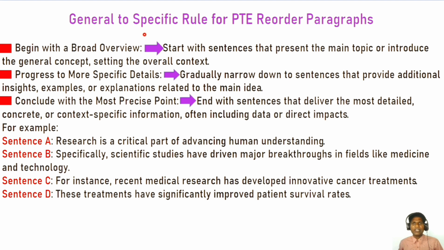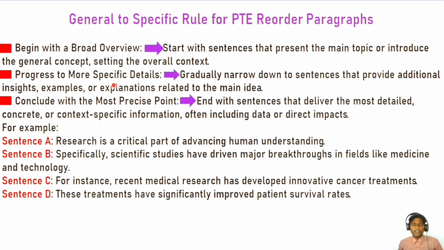You can see here on the screen the general to specific rule for PTE reorder paragraphs. So, you need to focus on the general to specific rule while you are doing the reorder paragraph in PTE. Begin with a broad overview. Start with sentences that present the main topic or introduce the general concept, setting the overall context.